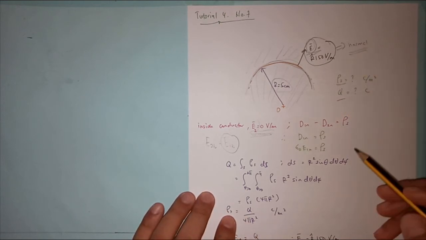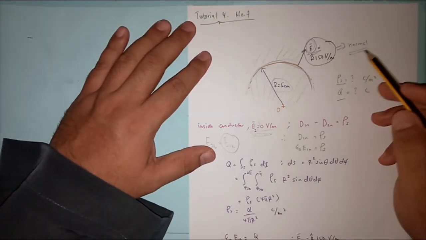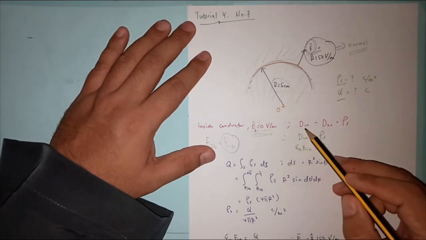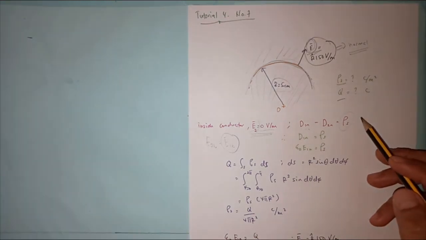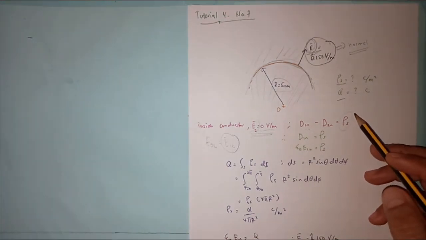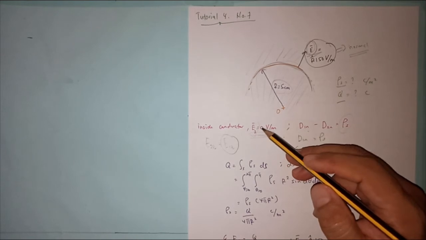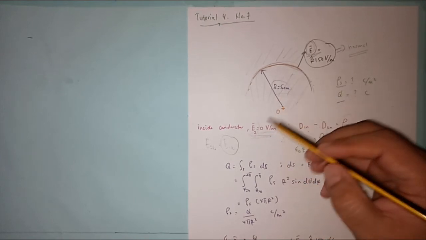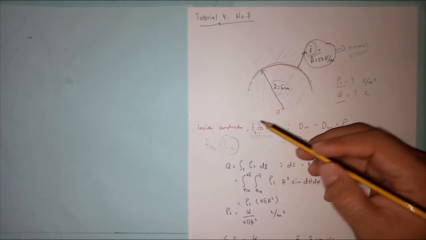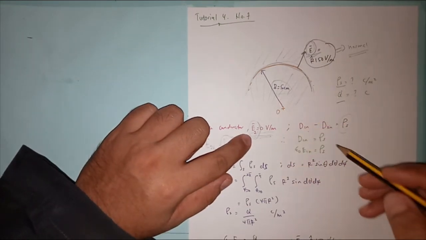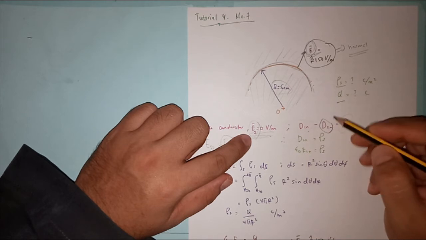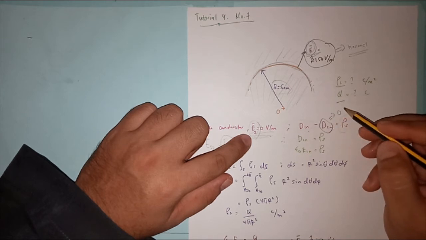Under the normal boundary condition, we have D1n minus D2n is equal to rho s. Because inside this conductor the electric field intensity is equal to 0, the flux density is also equal to 0.